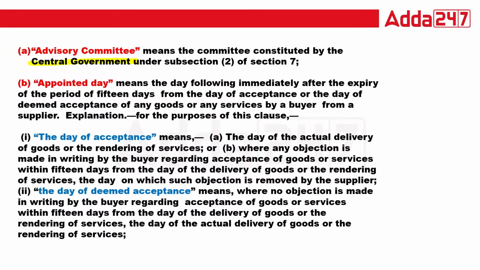Basically, if there is a buyer and a seller and they have an agreement between each other, they will fix an appointed day by which the buyer has to give the money. This is called the appointed day. It is the day following immediately after the expiry of 15 days from the day of acceptance or deemed acceptance of any goods and services.